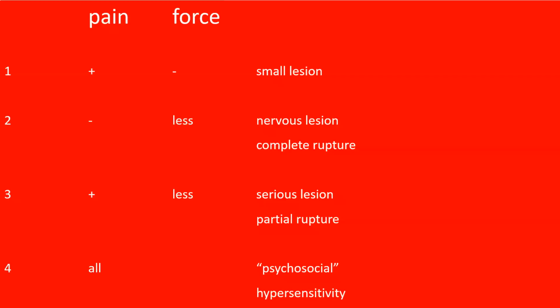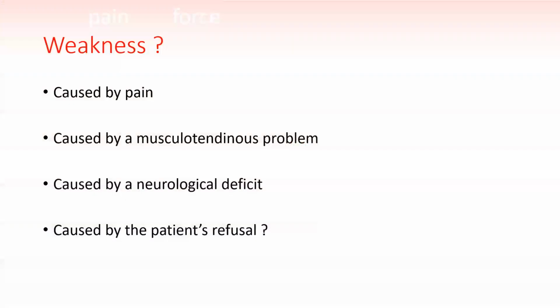And as I mentioned before, all resisted tests positive, look in the psychosocial direction, or perhaps the patient is quite hypersensitive. So if you find weakness in your examination, the weakness can also be caused by pain, not because of a rupture or so. The best example is an acute tennis elbow. You ask the patient to perform a resisted wrist extension, and you're going to find that this test is quite painful but also weak, but not because of any rupture, just because it hurts too much. And the other reasons for weakness I already discussed with you.